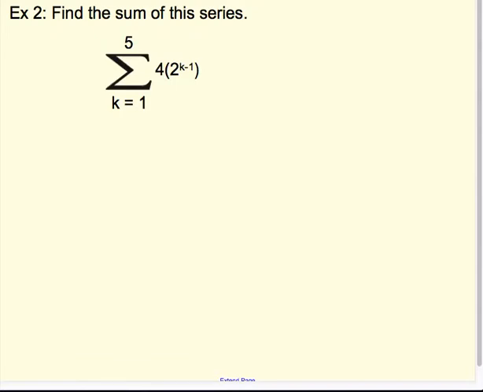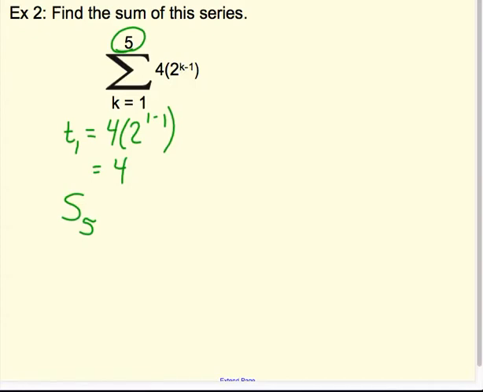So looking at our sigma notation for a geometric series, with this one, again, we don't need the 5th term, we just need the first term. So I'm going to substitute 1 into my formula. 1 minus 1 gives me the 0 power, 2 to the 0 power is 1, 1 times 4 is 4. We do need to know that we are summing 5 terms, so that's where the number on the top is helpful.